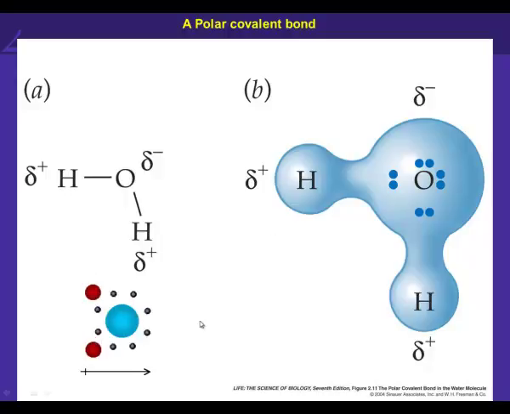The difference between a polar covalent bond and a nonpolar covalent bond is whether or not the electrons are being shared equally. In the case of the two hydrogen atoms that we considered earlier, that is a nonpolar covalent bond. Those hydrogen atoms equally share those electrons. In the case of water, that forms what's called a polar bond.